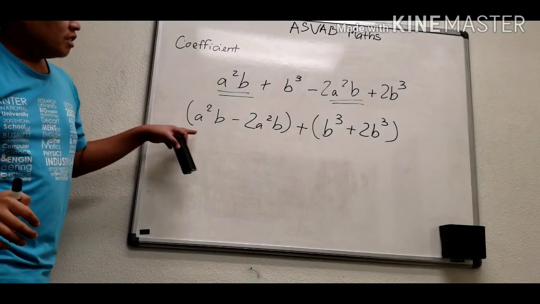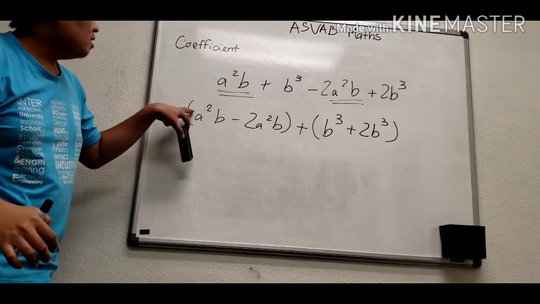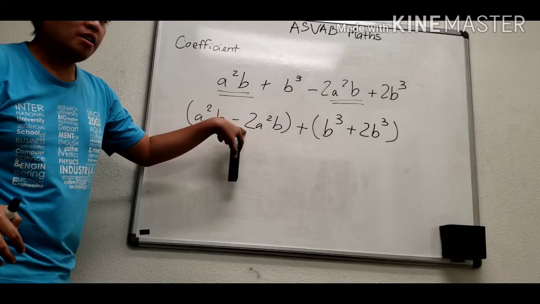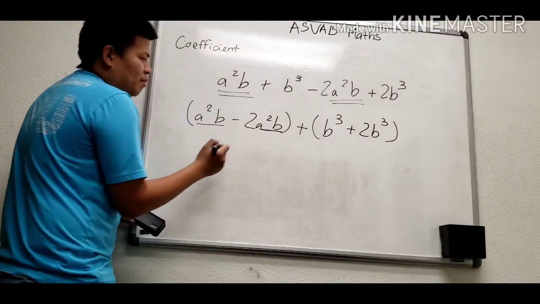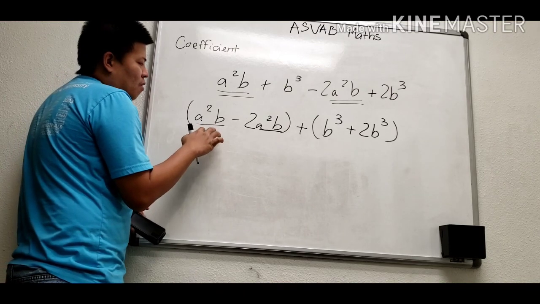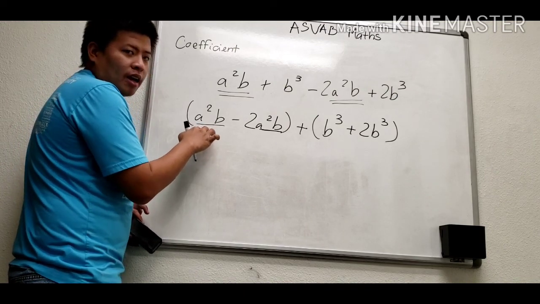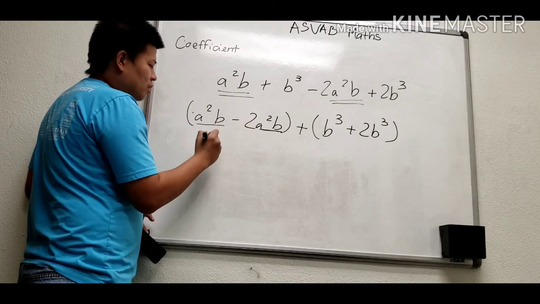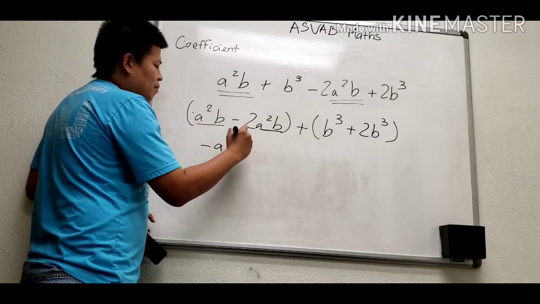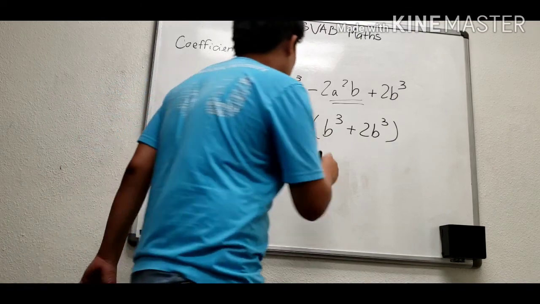In this situation, this is 1, this is minus 2, but we have the same factor here. When we put it like that, 1 minus 2 gives minus a power 2 with p.